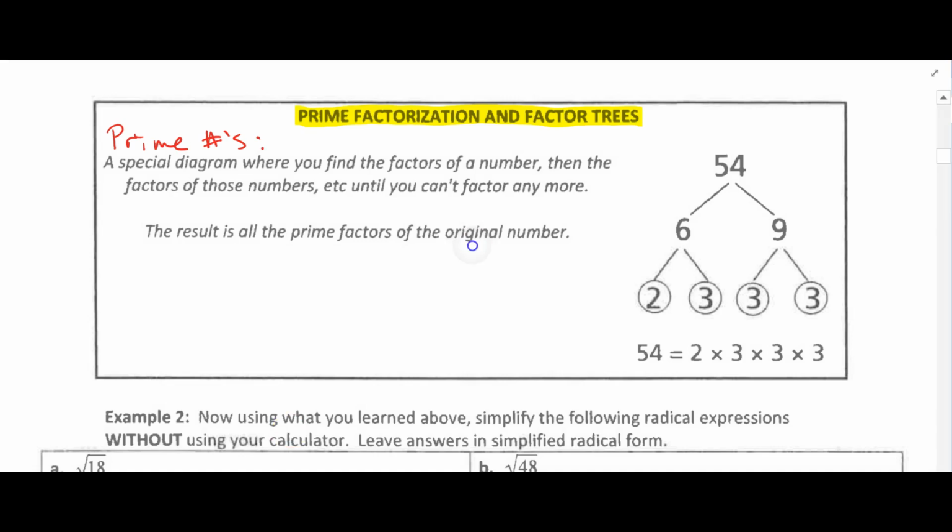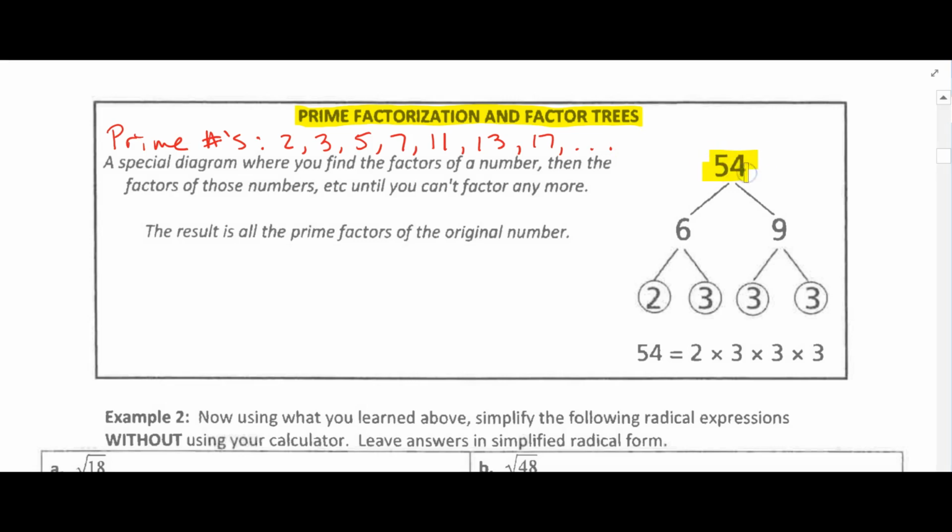So the first prime number is actually 2, we skip 1, and then the next prime number is 3, and then 5, 7, we're going to skip 8 and 9, 9 is 3 times 3, but 11, the only way to get 11 is 1 times 11, and then 13, let's do one more, we have 17, and this will continue on.